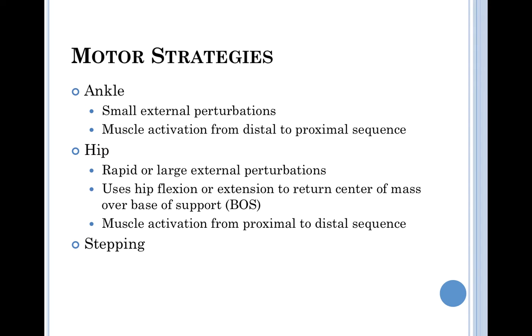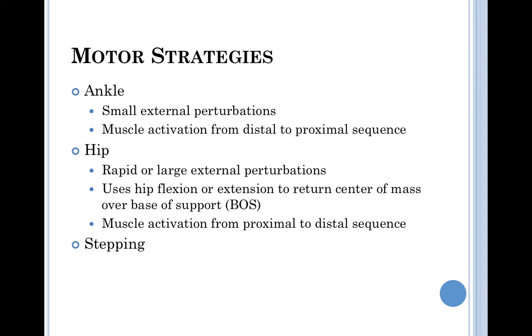And this uses a hip flexion or extension to return your center of mass over your base of support. And the muscle activation happens from a proximal to distal sequence. Again, depending on which direction that perturbation is coming from.